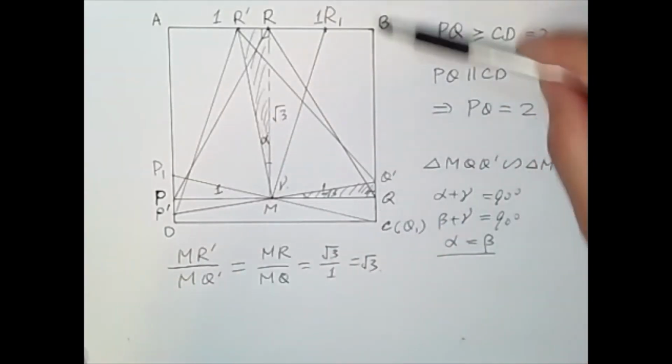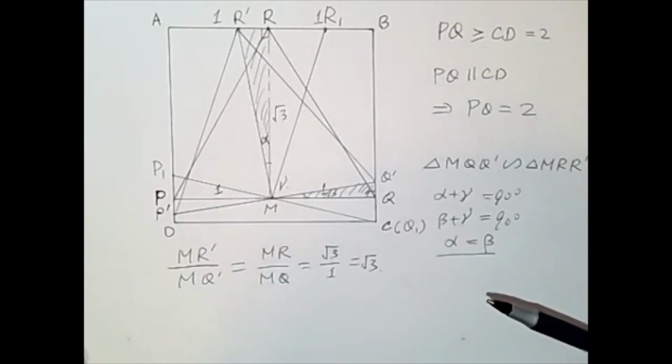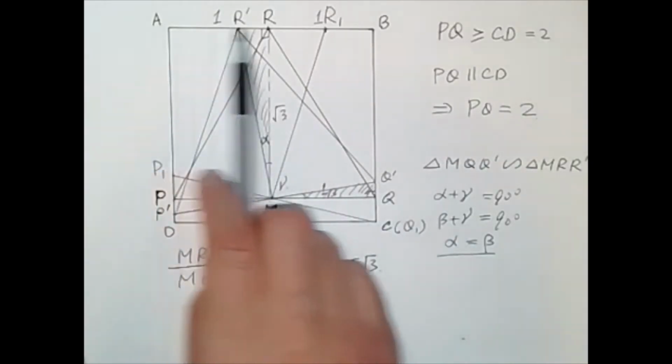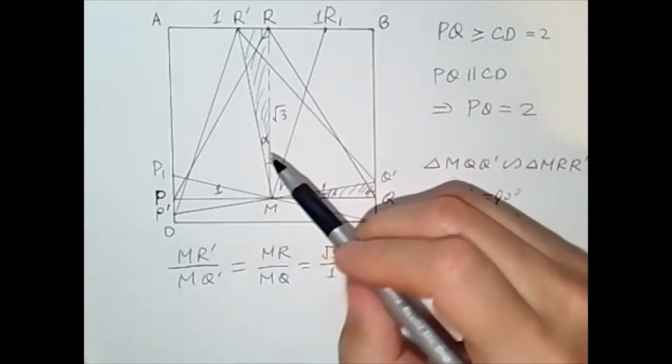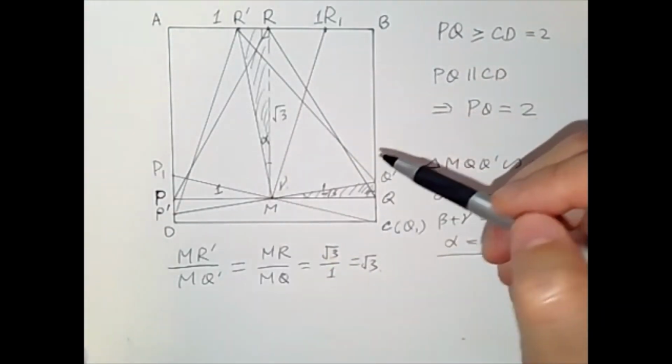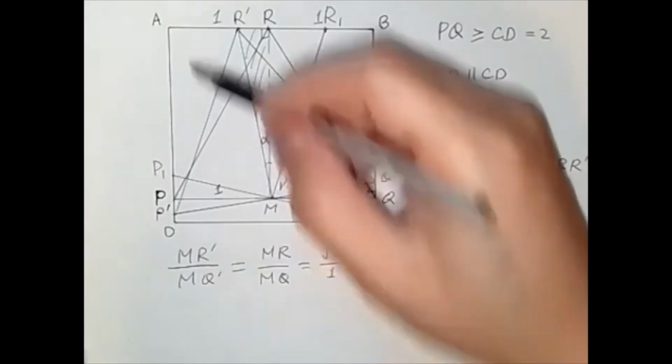Q moves up and down along a vertical line. And R moves horizontally. So we have 4 important components in this diagram: M, 2 parallel lines and 1 horizontal line here.